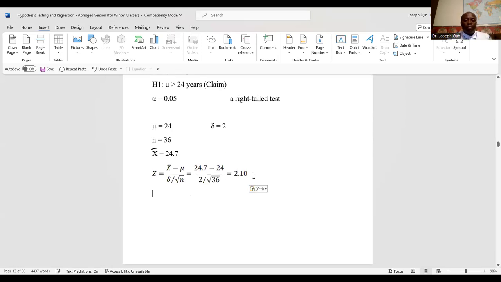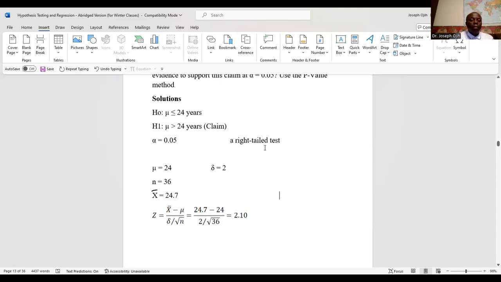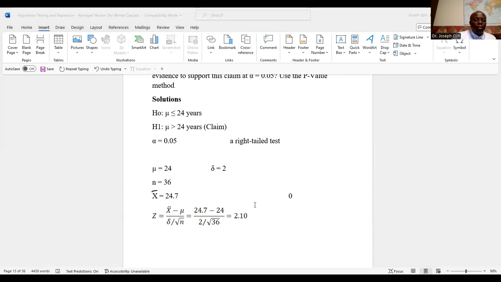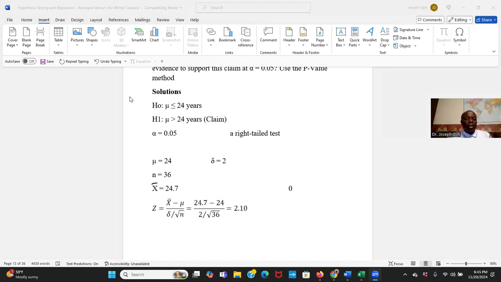Remember, this is like this form, and the mean is 24, or just 0 at the center line. I usually use standard, so 0. From here I can draw it.